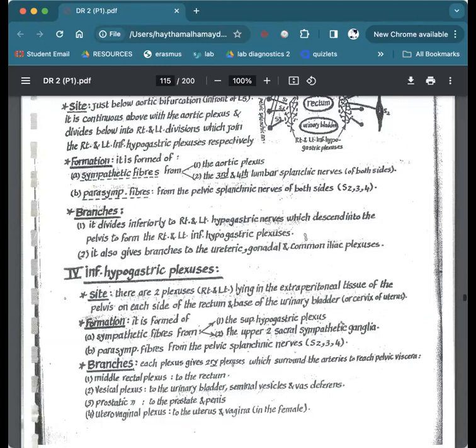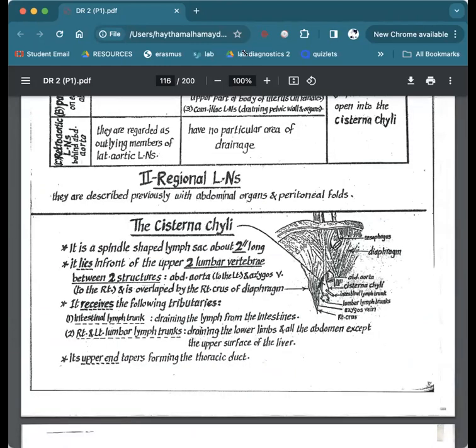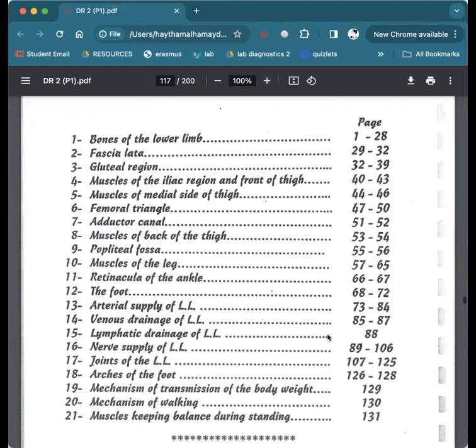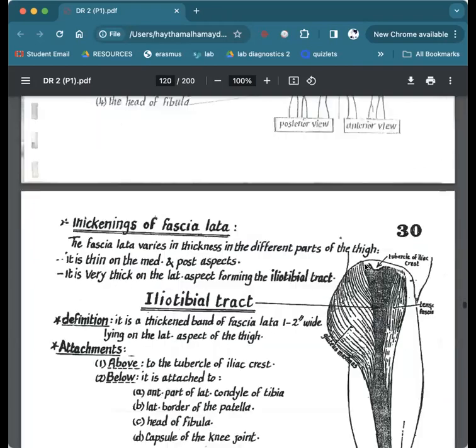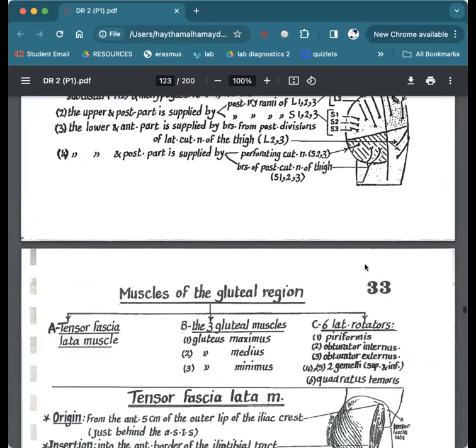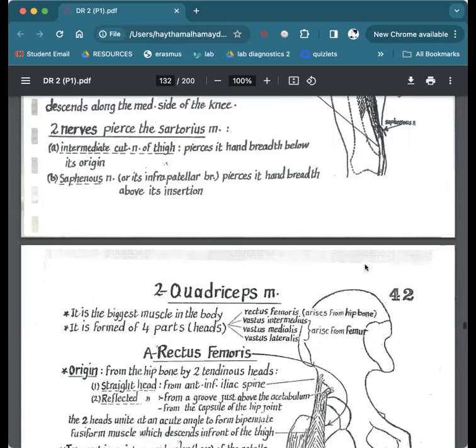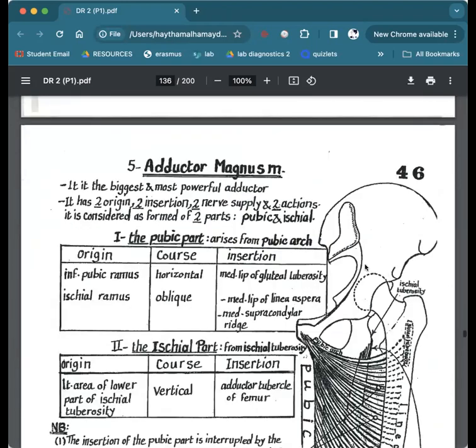I hope I'm actually sharing this. Yes, perfect. 112. And then we will have to look at muscles of the leg, page 57.